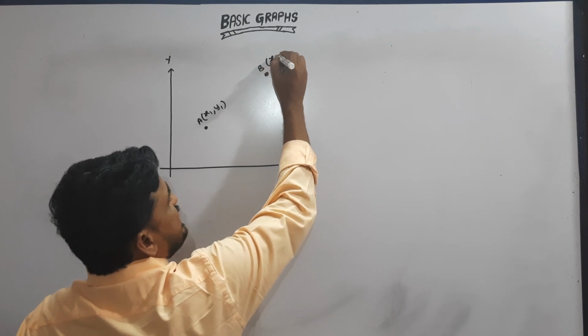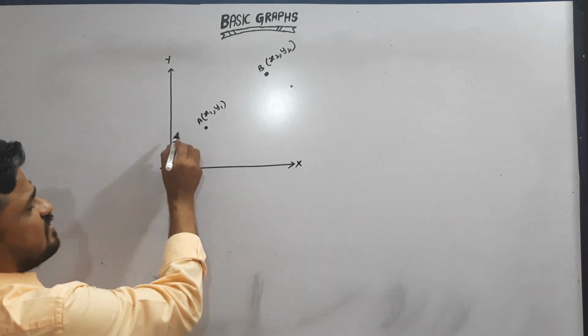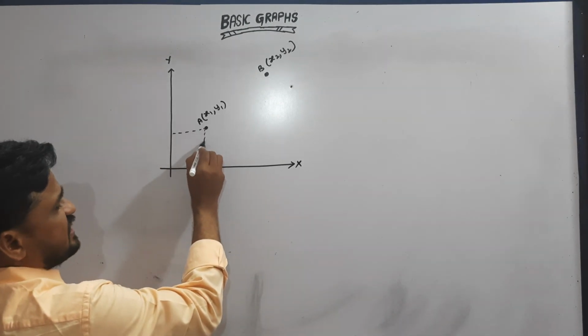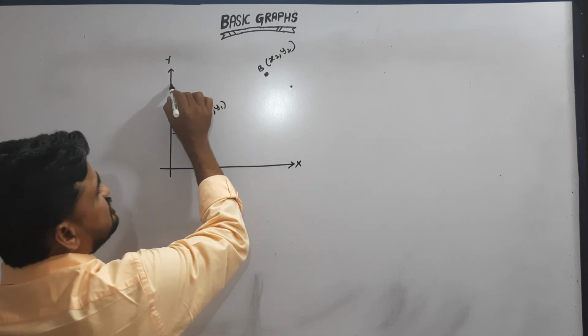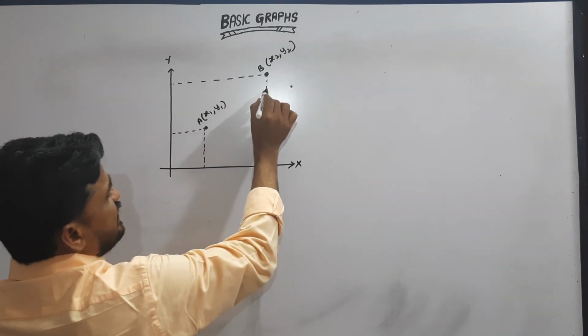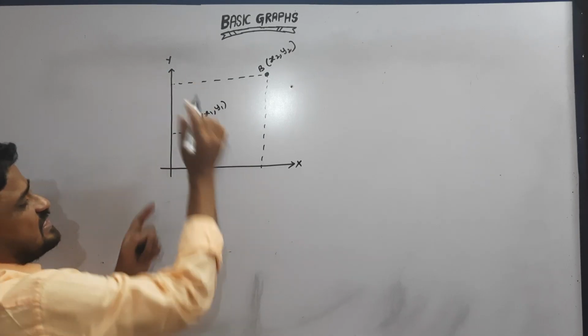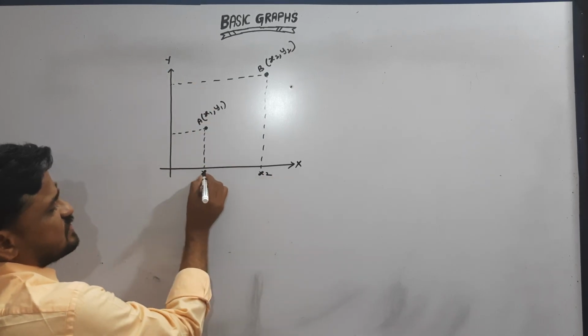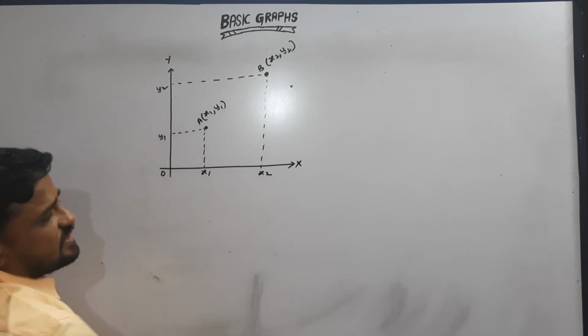Point B has coordinates x2 comma y2. Point A's position is this length x1, this length y1. Point B's position is this length x2, this length y2. This is the origin.